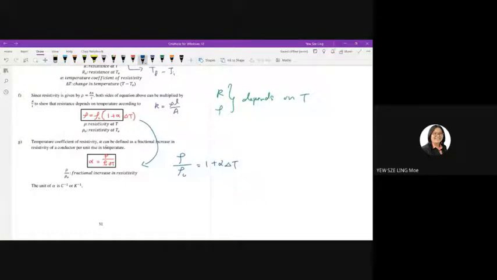Am I right? Yes. Wait, let me see. Give me a moment. I think the equation got something wrong.